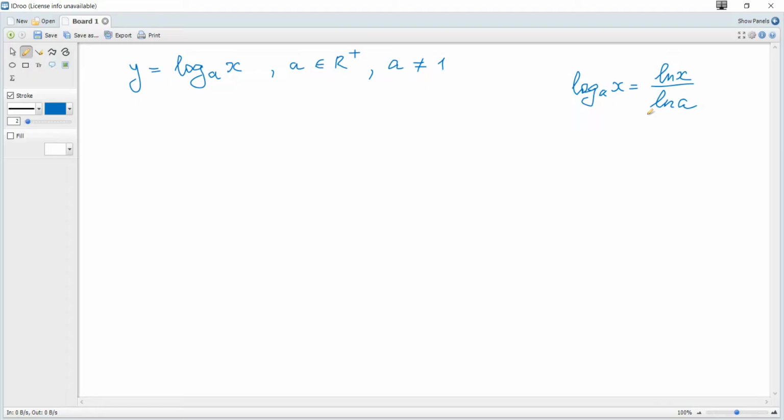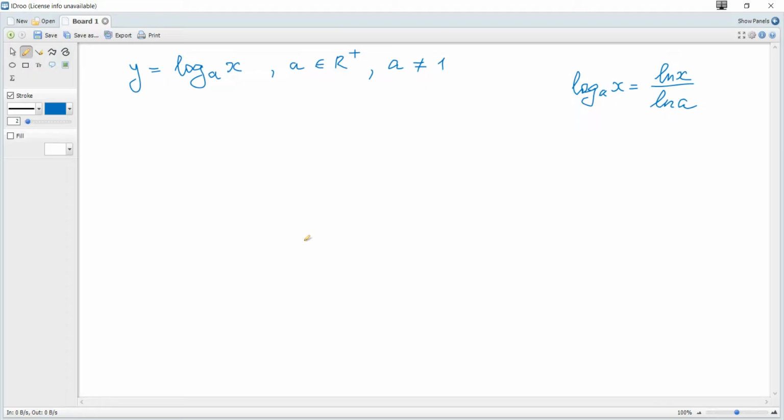The function f is defined by f of x is log to the base a of x, where x is real positive and a is also real positive, a is not 1. A, consider the cases a is 2 and a is 10 on the same set of axes.